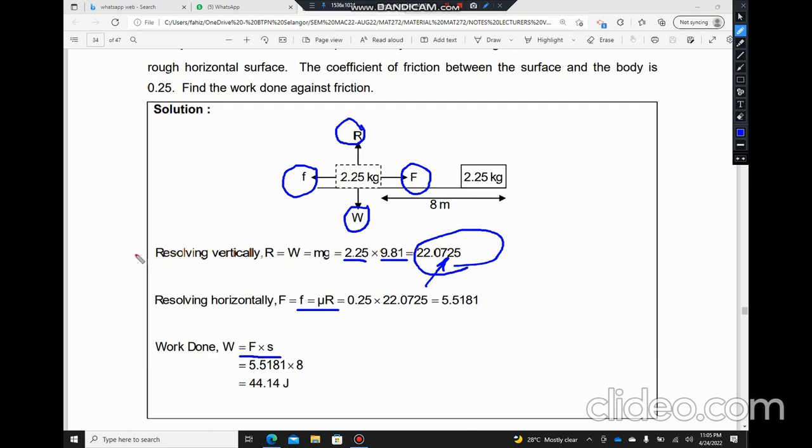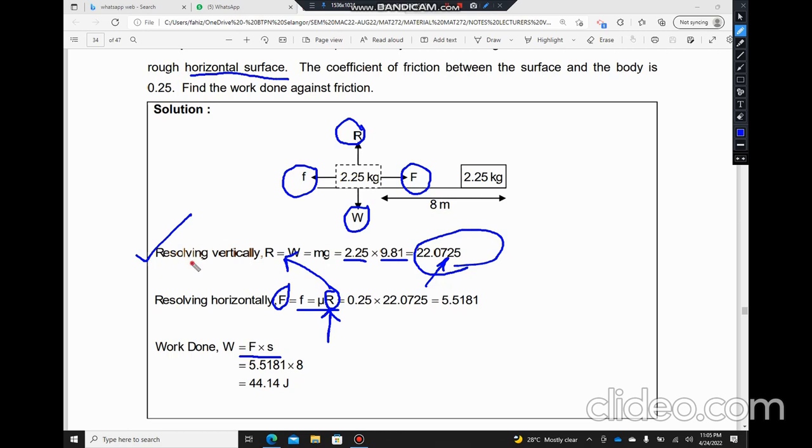Okay, so sebenarnya tujuan kita cari vertically ni sebab kita nak cari F kat sini. Kalau kita tak cari yang ni, kita tak dapat nilai F ni sebab nak dapatkan F ni kita boleh guna formula friction which is mu R. So kat sini dia ada nilai R. Okay, so bila nilai R ada kat sini, maksudnya kita kena cari dulu yang vertically. Tapi work done dia secara horizontal sebab dia based on horizontal surface.